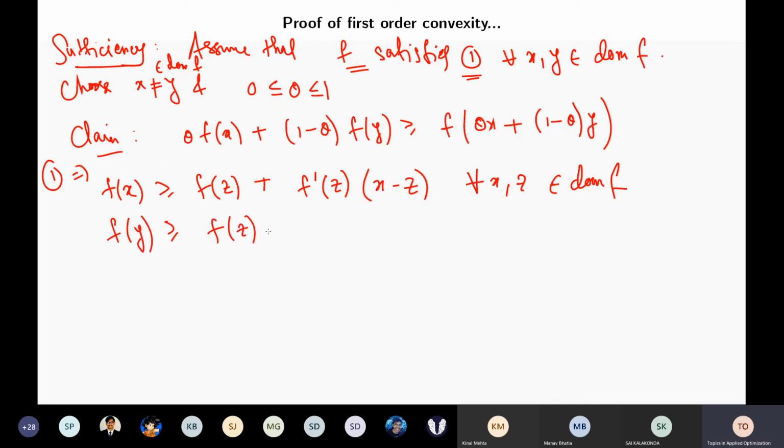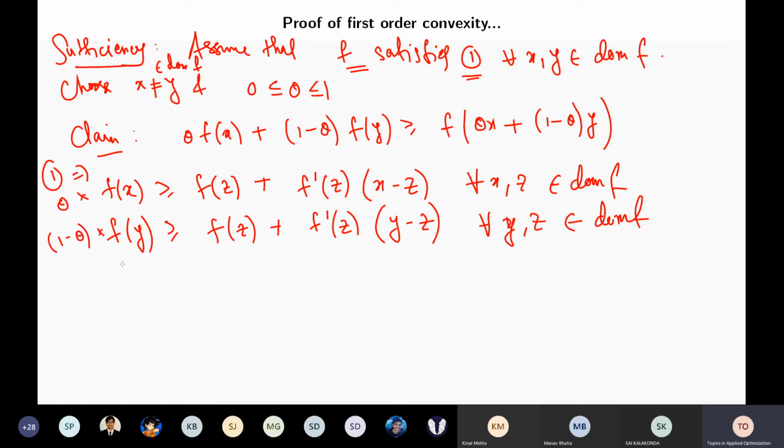it will hold with respect to the same z. There is nothing stopping that. So this is y minus z for all y, z in the domain of f, right? So if we look into this, we can multiply this by theta, and we can multiply this by 1 minus theta, right?